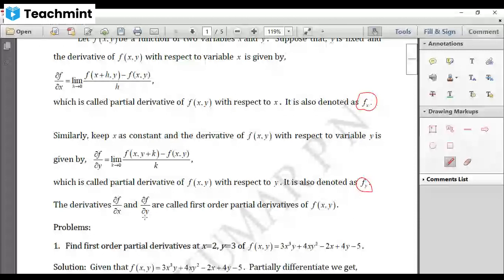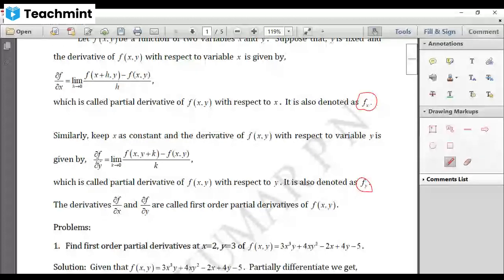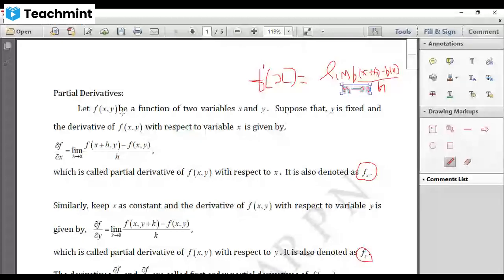So what is meant by the partial derivative of f with respect to x? For finding the partial derivative of any function, you keep y as constant and differentiate with respect to x. That gives you the partial derivative of f with respect to x. The partial derivative of f with respect to y means you keep x as constant. Suppose you have f(x, y, z) as a function: while differentiating with respect to x, you keep y and z as constant.